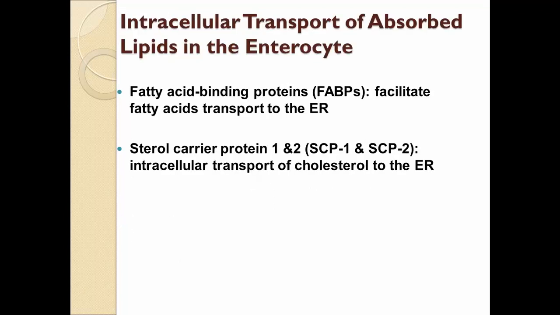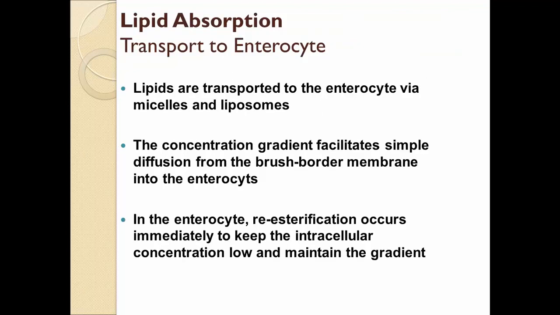Another important thing I wanted to mention is that lipids, particularly fatty acids, are eventually broken down from the triglyceride. So once a fatty acid is absorbed into the enterocyte, it is immediately re-esterified back to triglyceride. That makes the free fatty acid level inside the enterocytes lower, right?